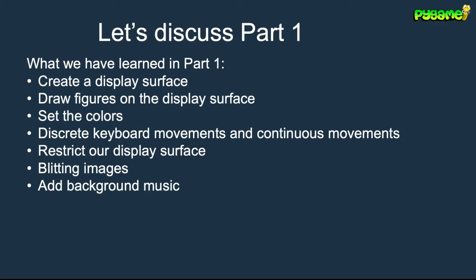We know the resources, and I'll show it one more time today, and how to bleed these images on the main screen. And at the very last part, I'll show you how to work with the background music in our game in order to make our game more fun, more interesting.